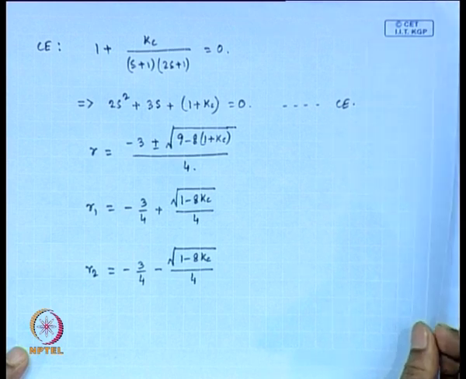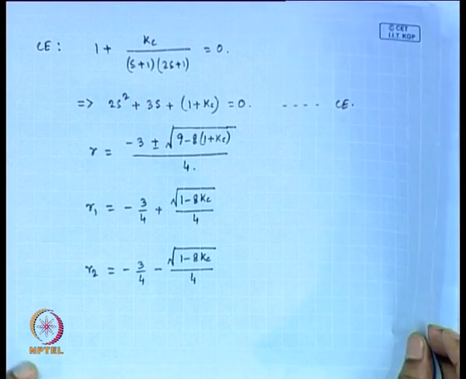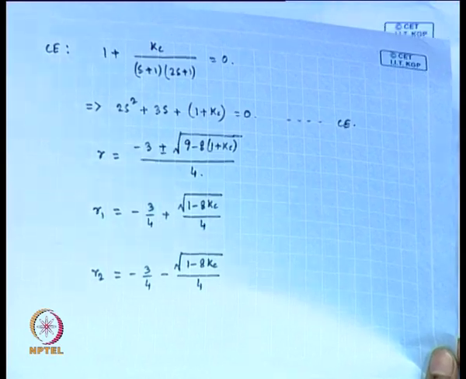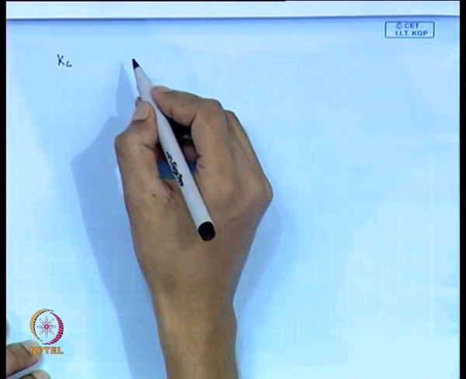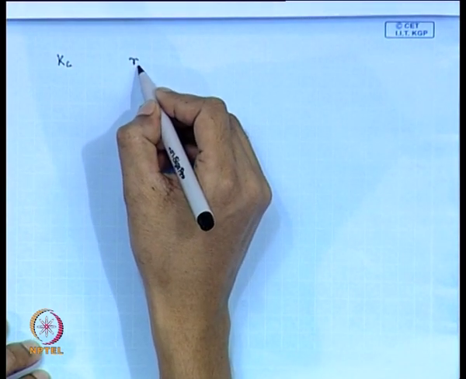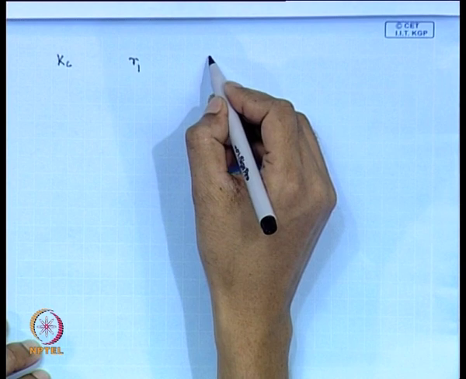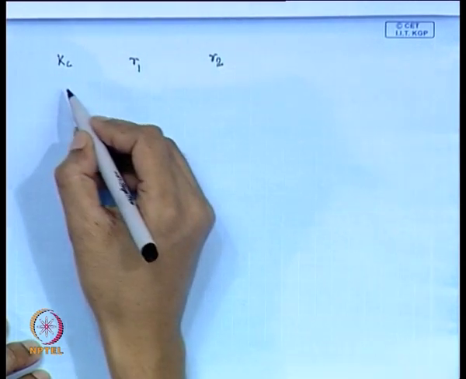Now, we will generate the roots varying Kc value from 0 to infinity. The root locus diagram is produced varying Kc from 0 to infinity. So, we will just produce one plot varying Kc and we will determine the corresponding R1 and R2 values.